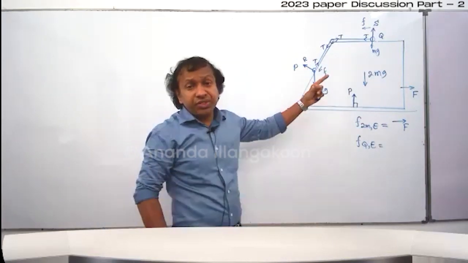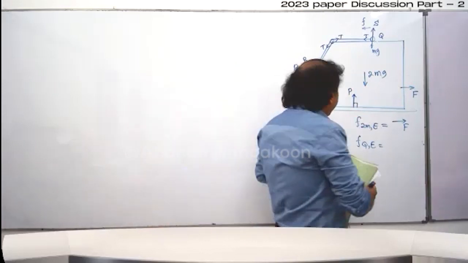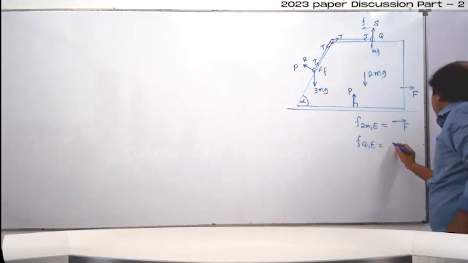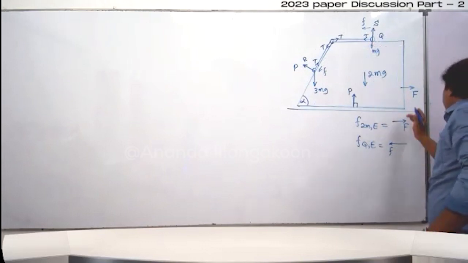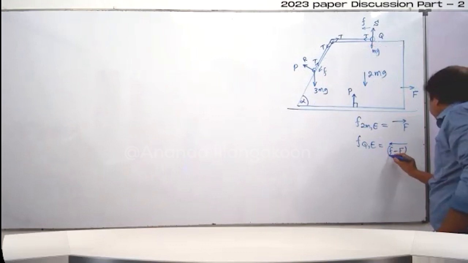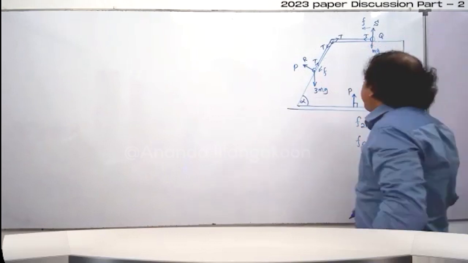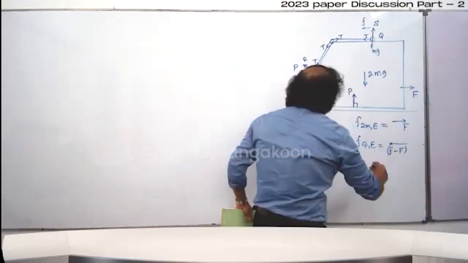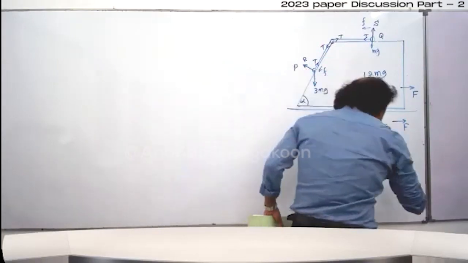Meantime the wedge takes it to the right with capital F. Then in the leftward direction, if I write the acceleration of this m, leftward f, rightward capital F, I can write it as f minus capital F. And this P, its acceleration relative to earth, this direction f, rightward capital F this way.